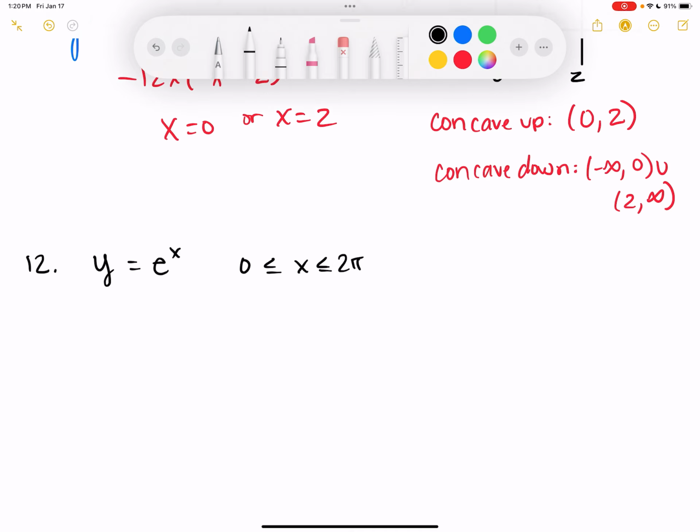All right, first derivative. Is it 1? Wait, e to the x. Darn it, I'm so bad at these. Second derivative, e to the x. You want to keep going? Yes. All right, e to the x. Now set this equal to 0 and solve.